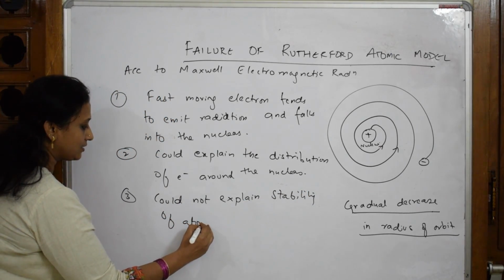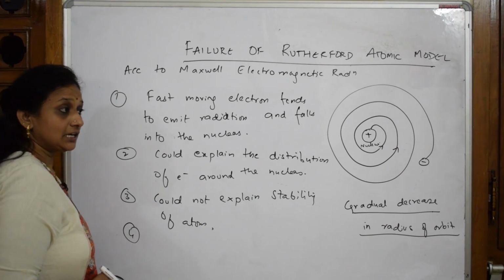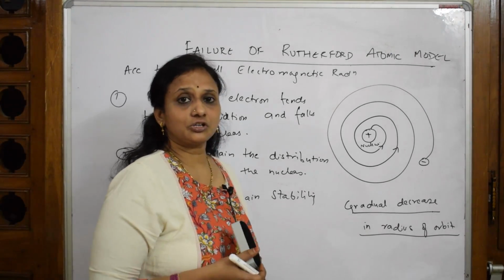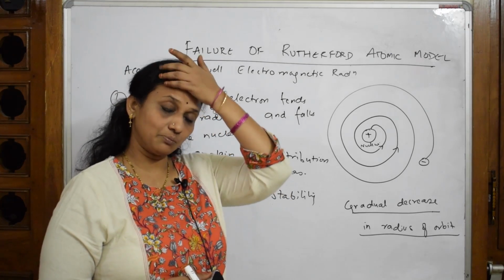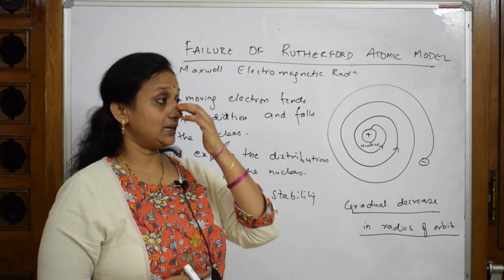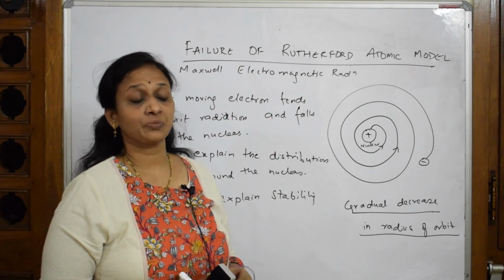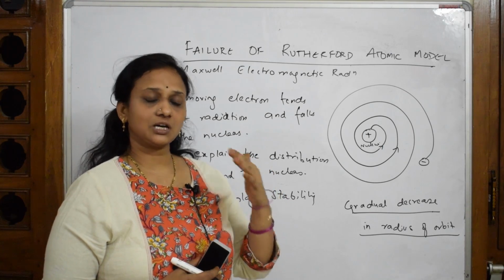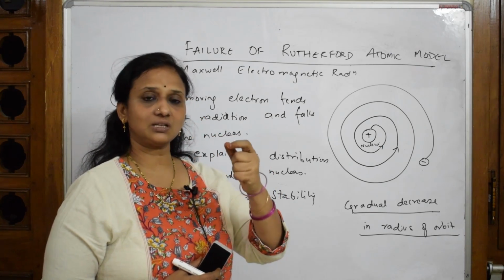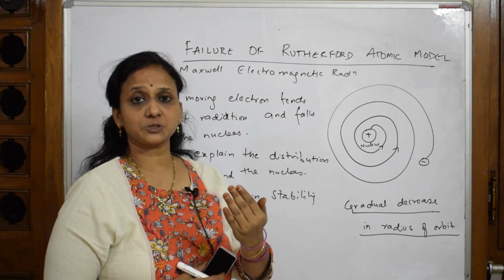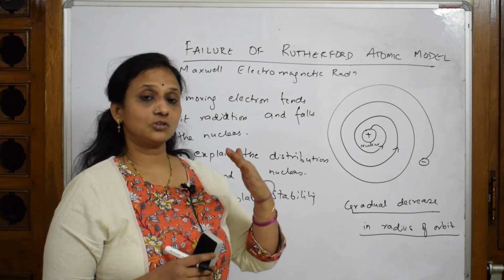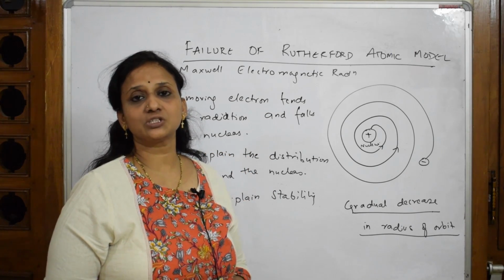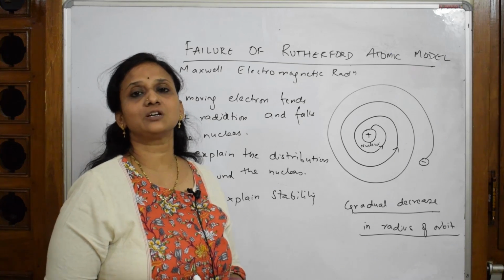Right. Then last but not the least, after J.J. Thomson, certain improvements were made by Rutherford. After that, Bohr came into existence, and he explained the hydrogen spectrum. We'll be learning the atomic spectrum of hydrogen, the very discrete lines, whether it is an emission spectrum or an absorption spectrum. The concept of the discrete lines, or the spectral lines in the hydrogen atom, could not be explained by Rutherford.